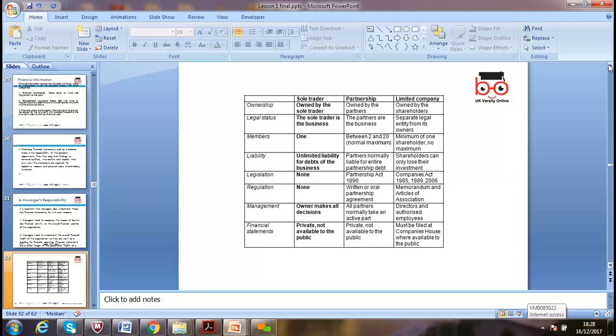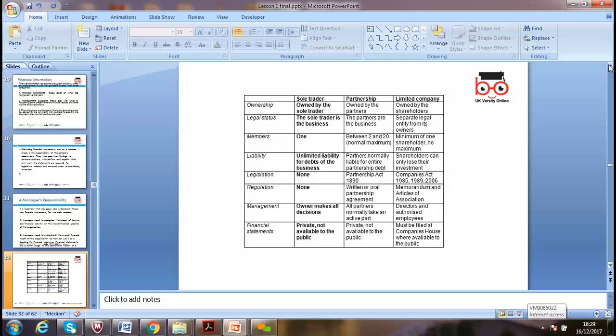But if they lose money, it won't affect their direct pockets, I guess. Yes, well done. So in a sole trader, risk and reward are borne by one person, and one person takes the advantage or disadvantage of everything.